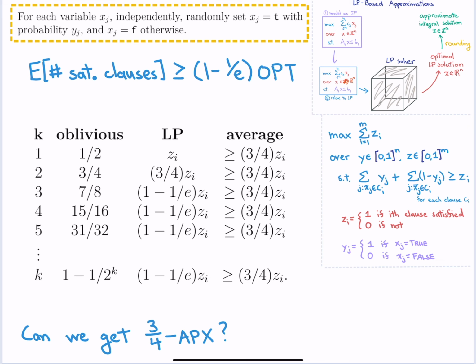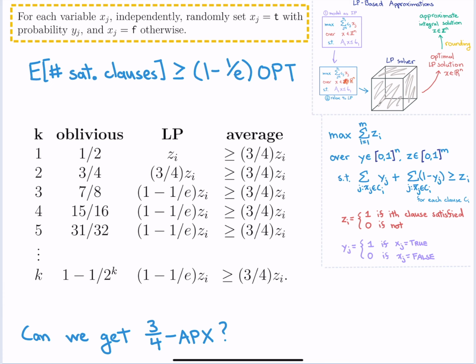Right now the best approximation factor we have is 1 minus 1 over e, right? But for any particular k, the average of two different approaches gets a 3/4 approximation, which is better.